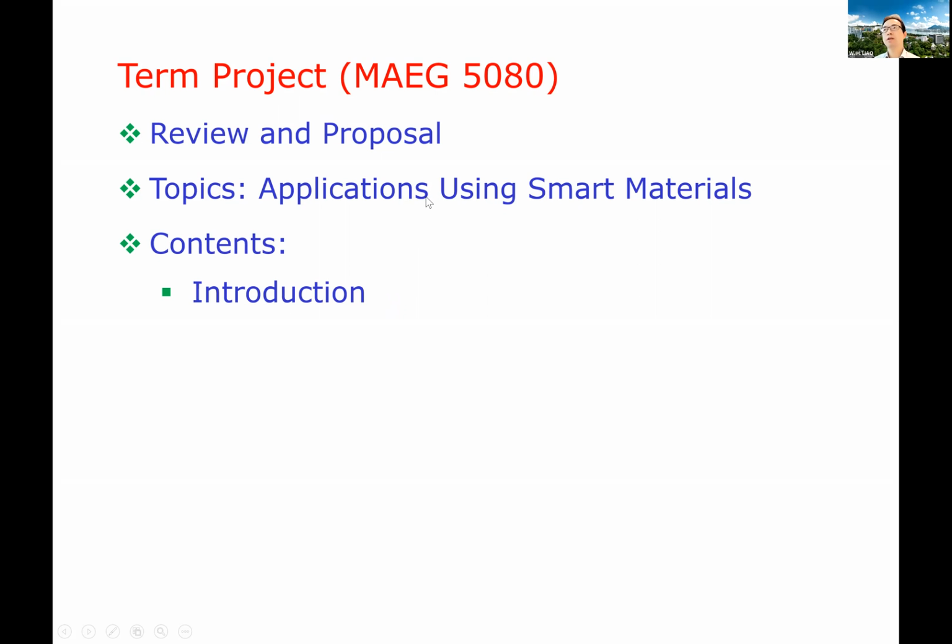So you need to do a literature review. Nowadays the internet is very powerful, so you can use some keywords to search for related research or papers that have already been published, or even some internet websites, which are also fine.